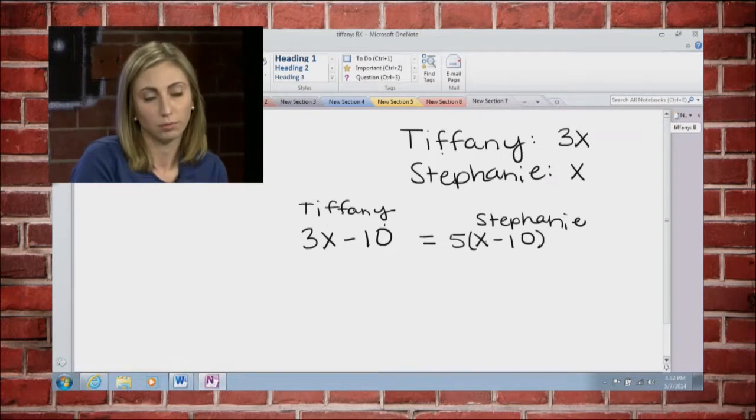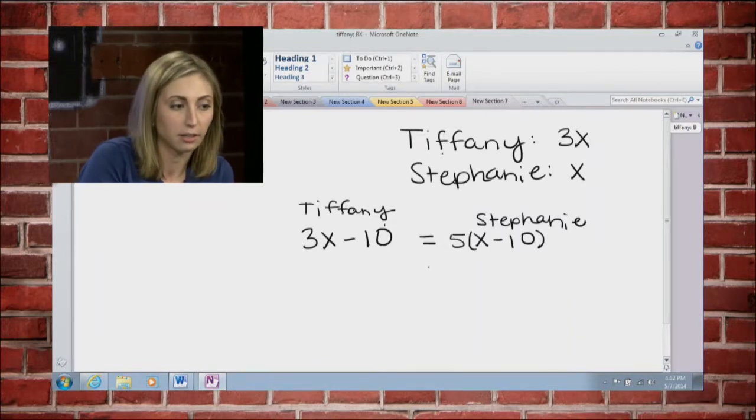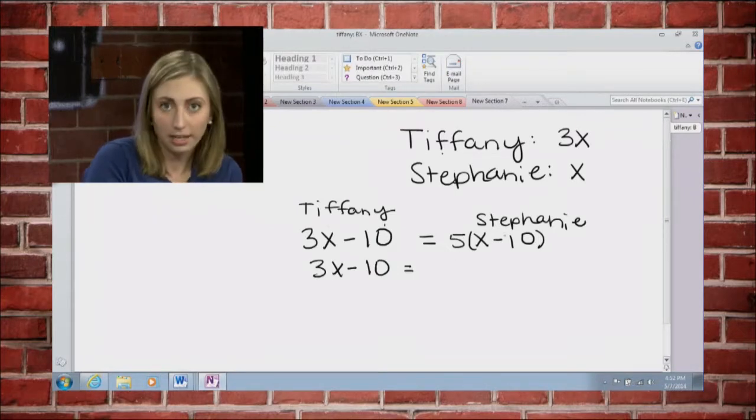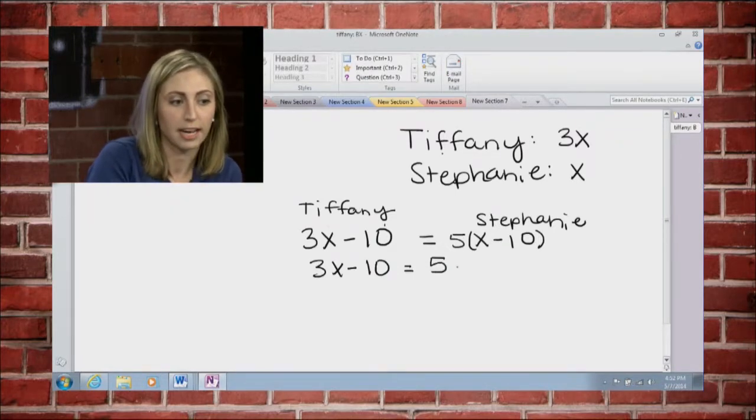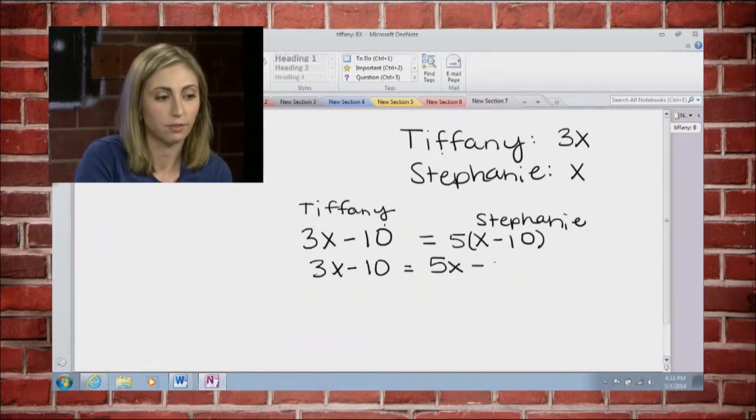The first thing we'll do is use the distributive property and distribute this 5 between the x and the negative 10. So rewriting the left side, 3x minus 10, and the right side is 5 times x, which is 5x, and 5 times negative 10, which is negative 50.